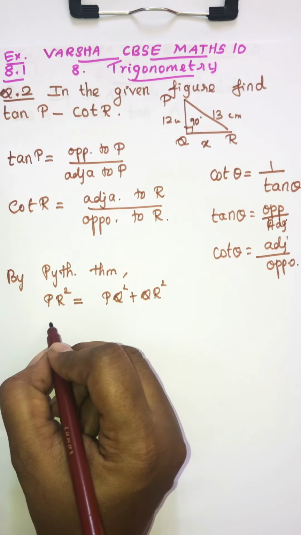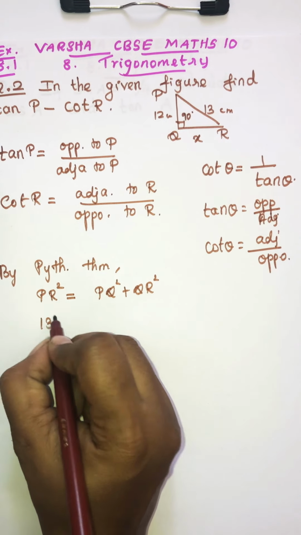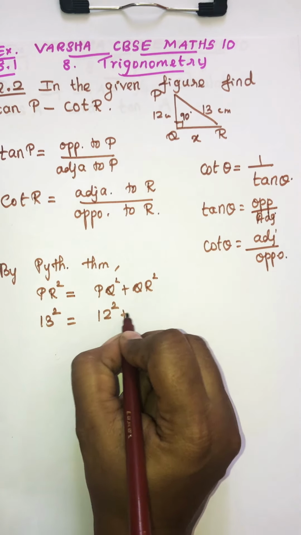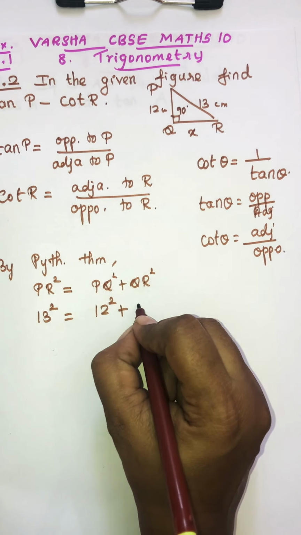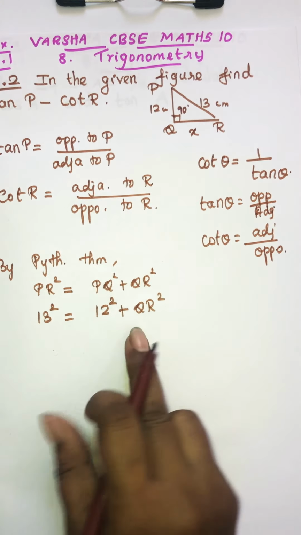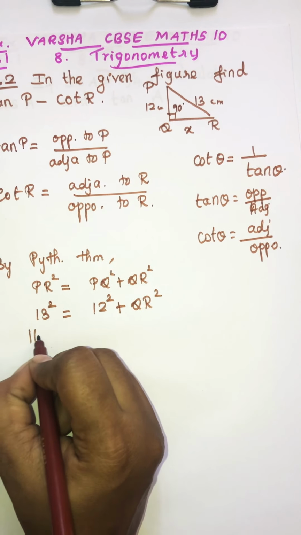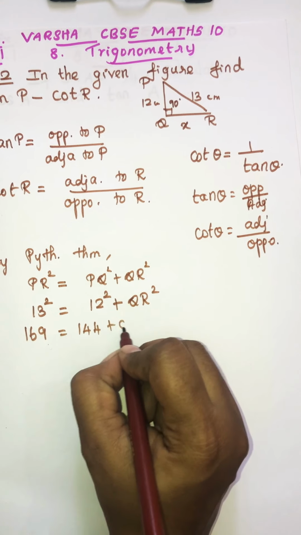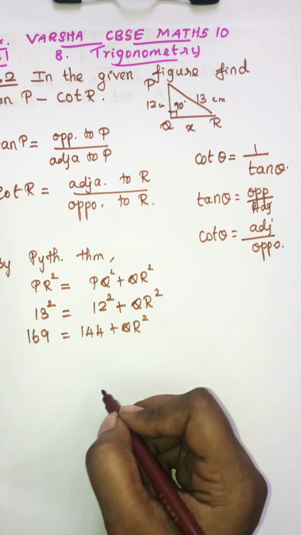So what is your PR, students? PR means 13 square, PQ is 12 square, and QR is not given, you can call it X or QR. So this is 169 equal to 144 plus QR square.